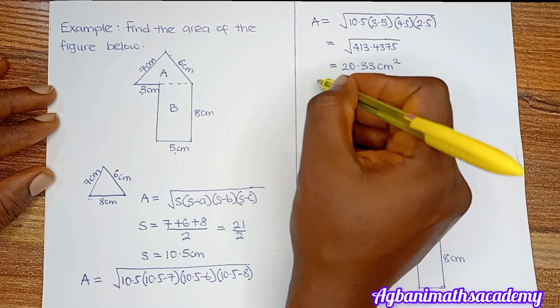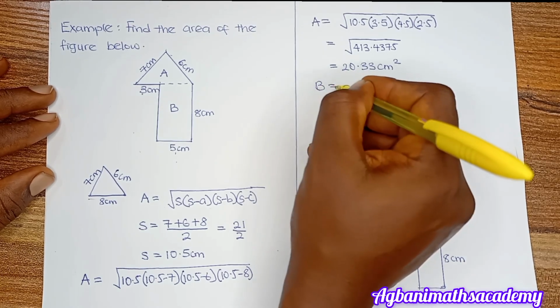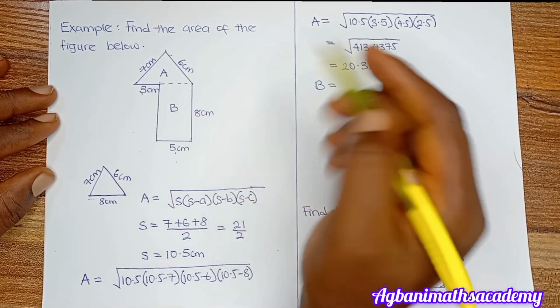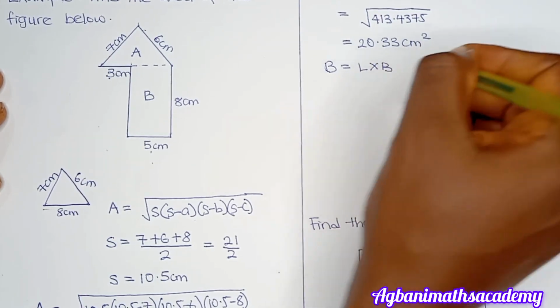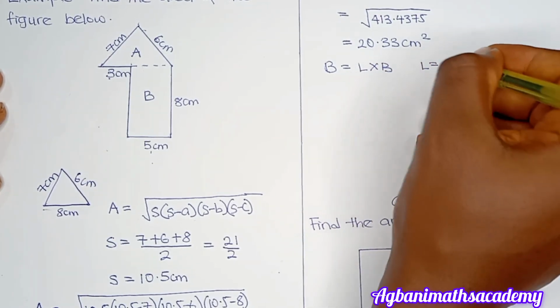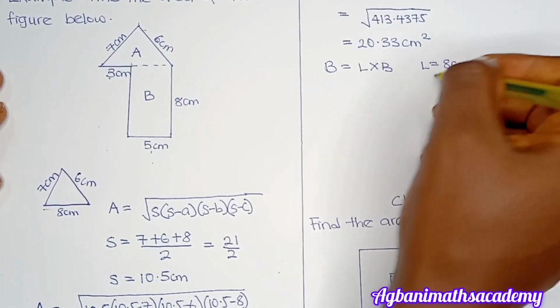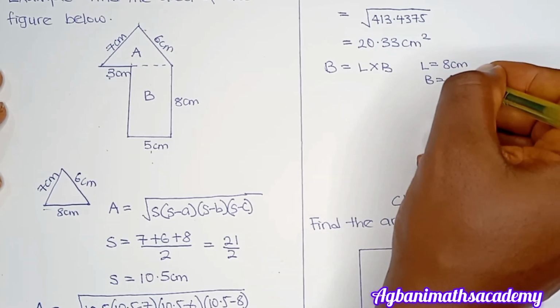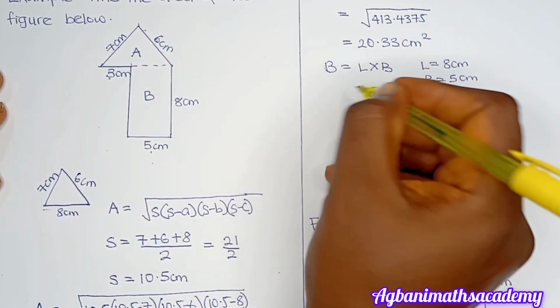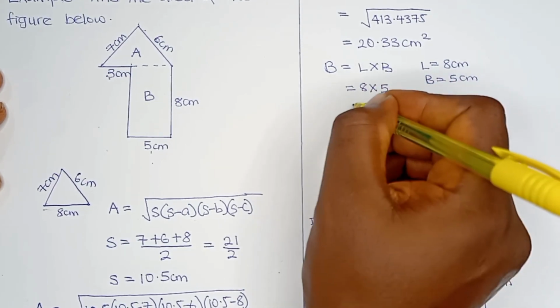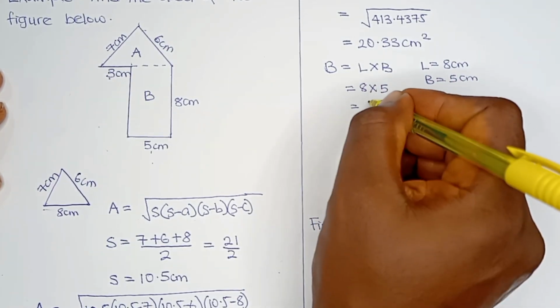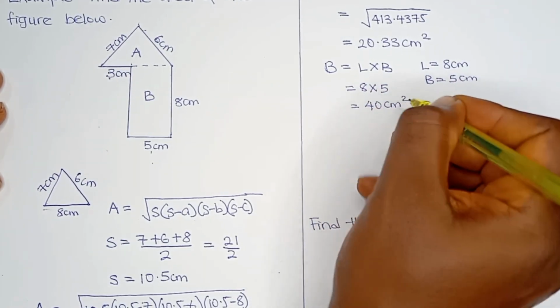So now we've calculated the area of the triangle, which is area A. Next, we're going to calculate area B. B is a rectangle, so we have length multiplied by breadth. The length is equal to 8 centimeters, and the breadth is equal to 5 centimeters. So the area of B is equal to 8 multiplied by 5, which gives us 40 centimeters squared.